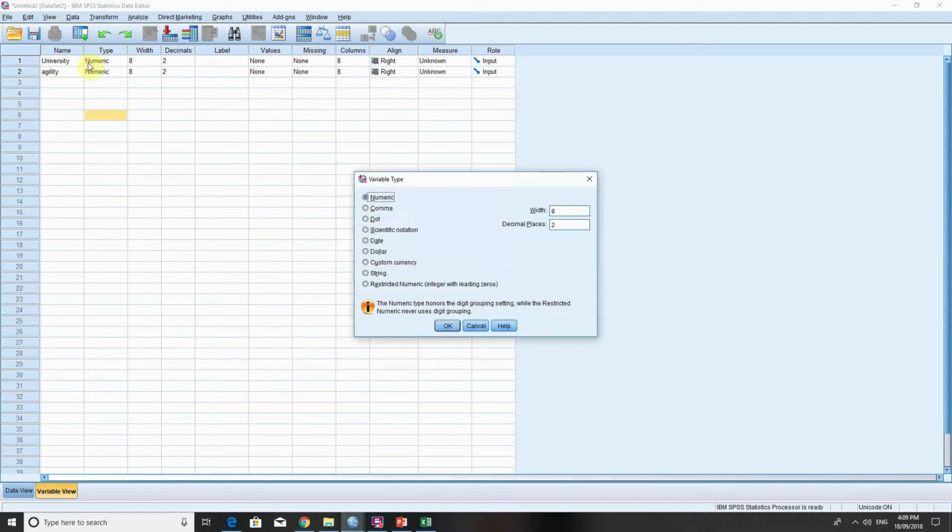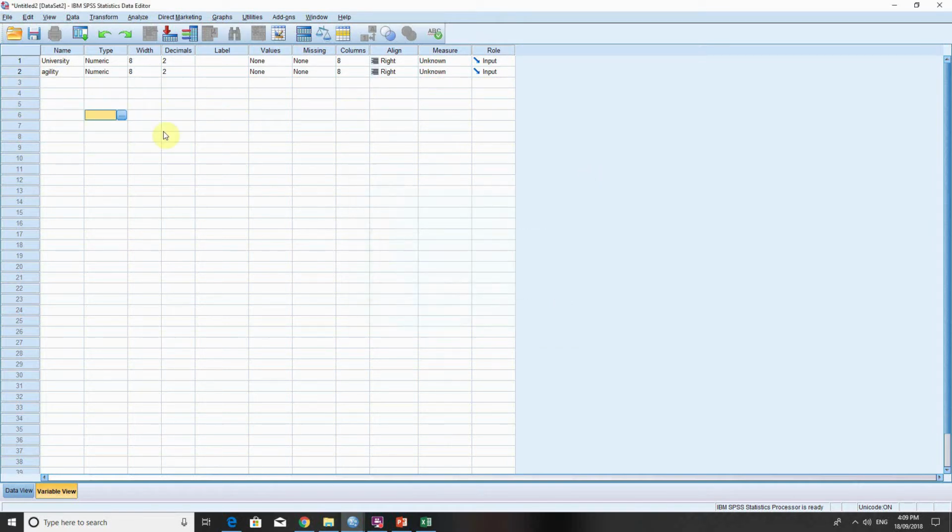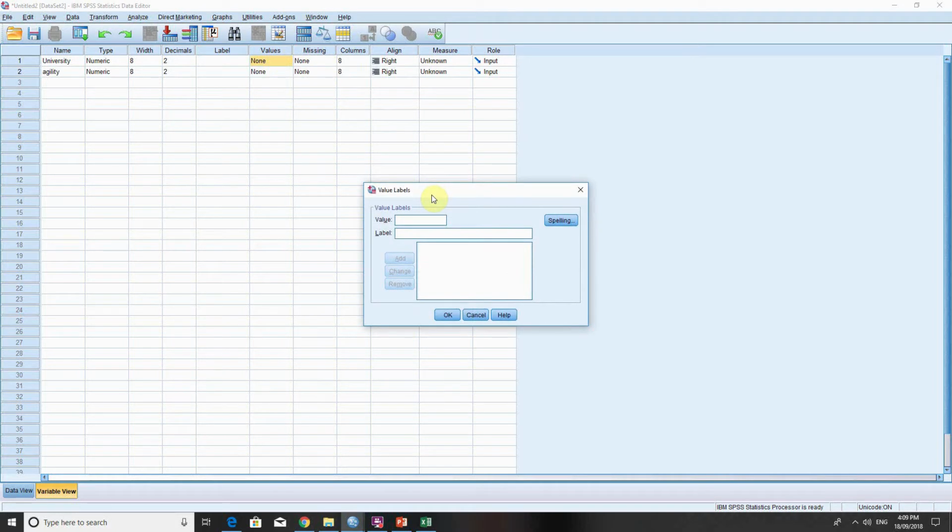So what I'm actually going to do is code for those in the university row. So I will have university, and then I will go to values. I will click the little ellipse button that comes up there, and then I'll code for my values. So let's make 0 Monash and 1 Griffith.